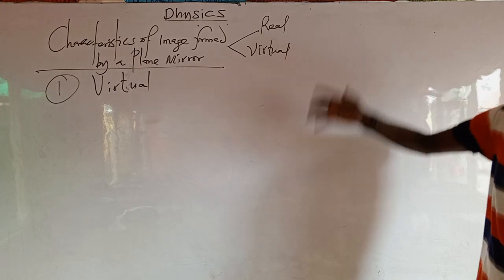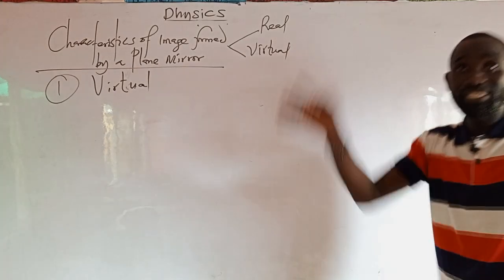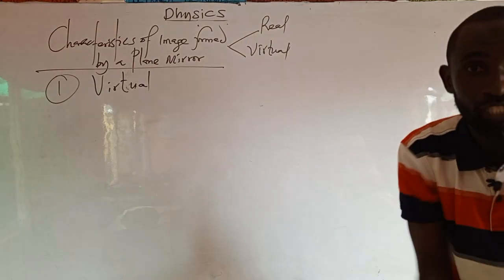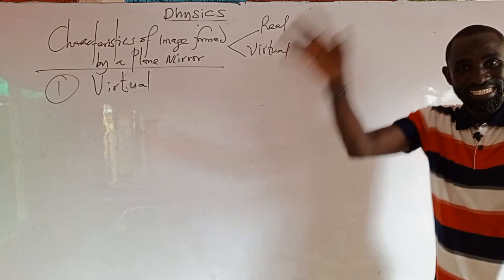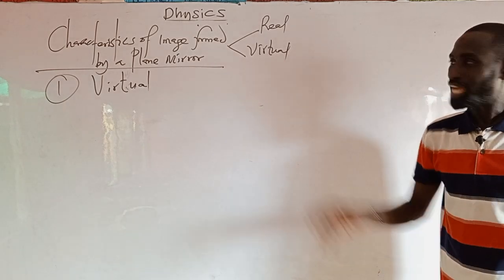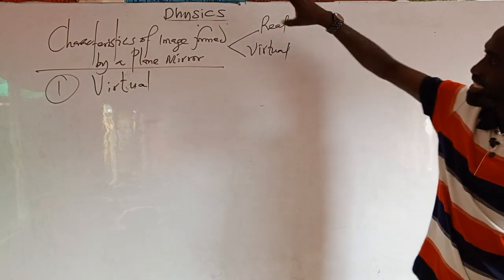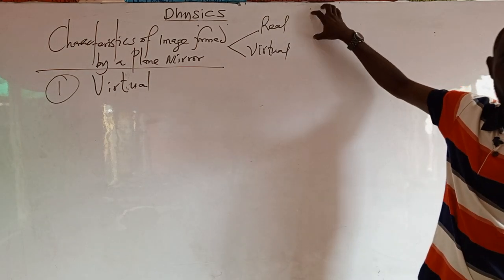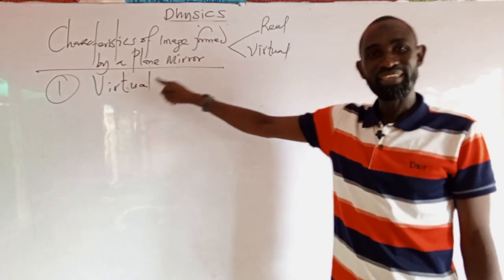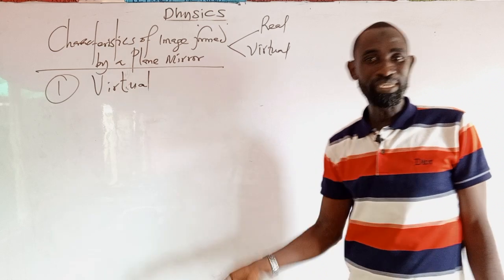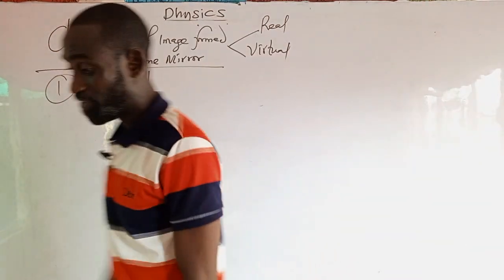Any image that you can see and cast on the screen, like an image from a projector seen on a white cloth, is real. But for virtual, you can't see it on the screen. So the image formed by a plane mirror is a virtual image. It cannot be seen, nor can you cast it on the screen. That's the first one.